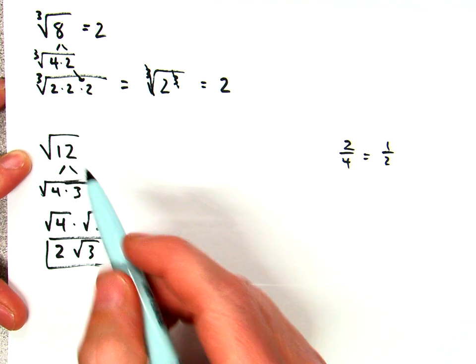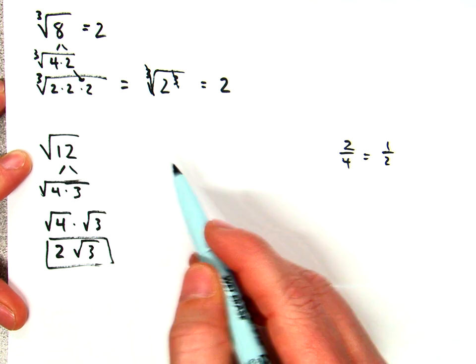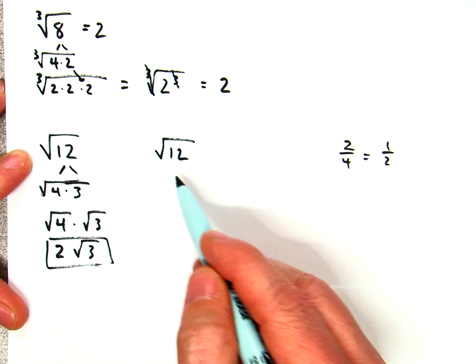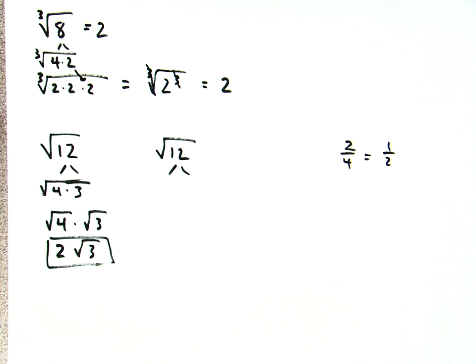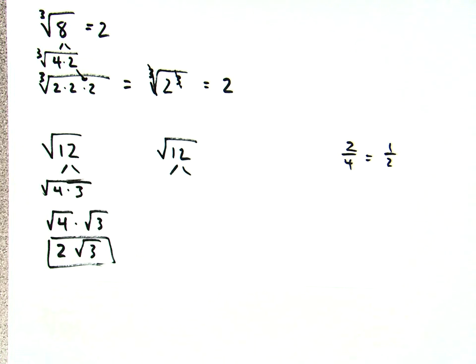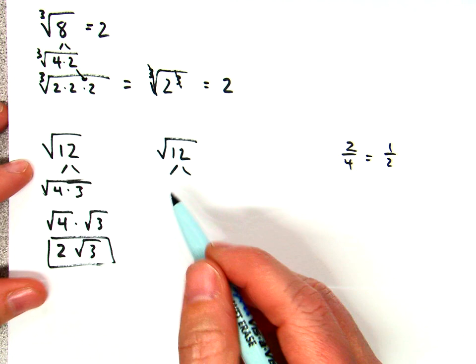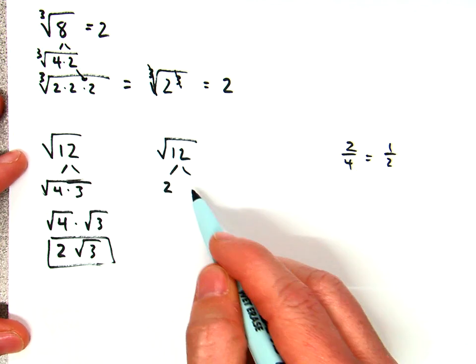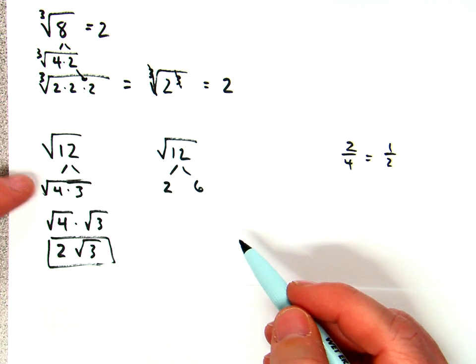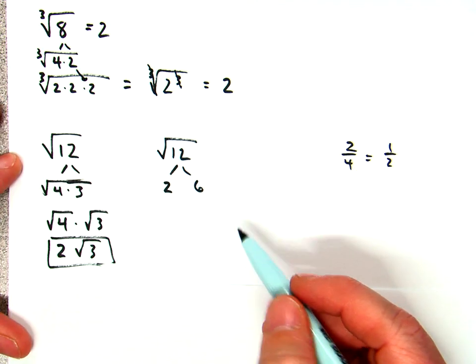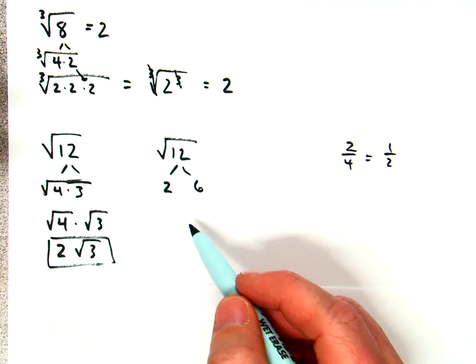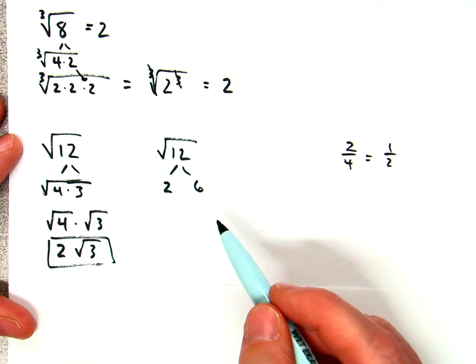So another method might be to say, well, let's just try to find multiples of 12. Now, it doesn't matter which multiples you select, right? So we could say, maybe 2 times 6 is 12, right? Doing something different than 4 times 3. And then we want to keep breaking it down until prime factors, right?